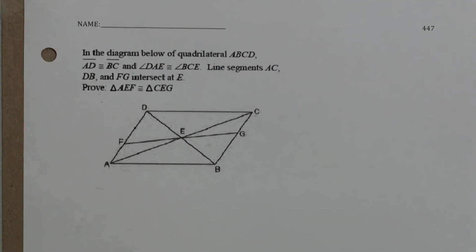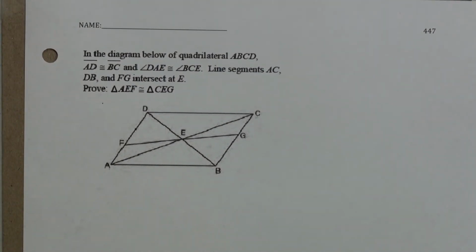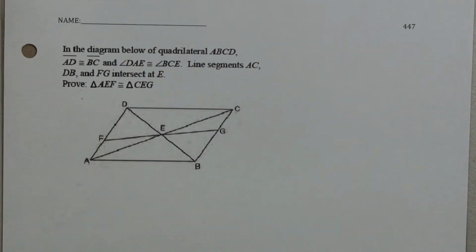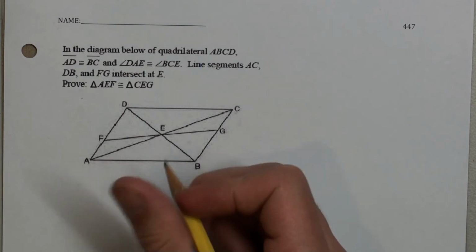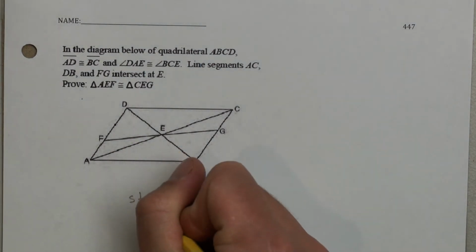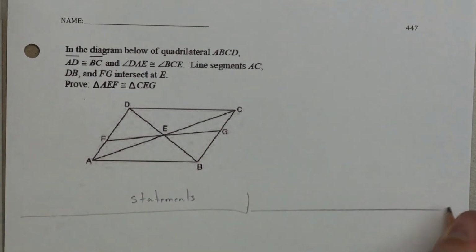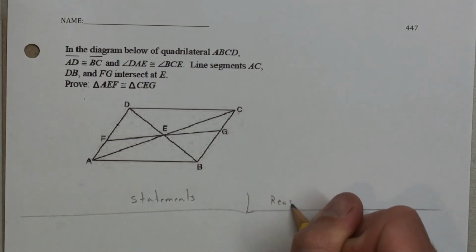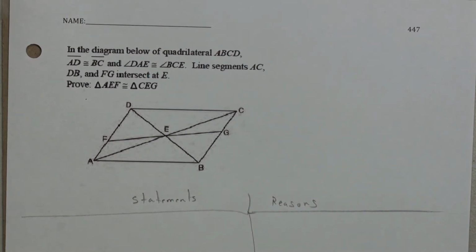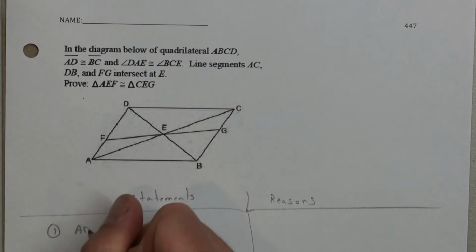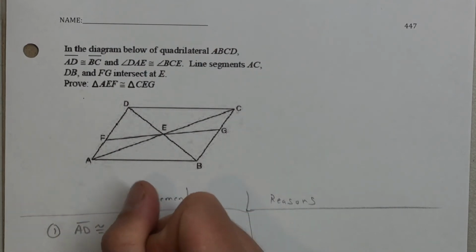Now, let's see 447. Okay. So, statements. Reasons. First thing, AD is congruent to BC.